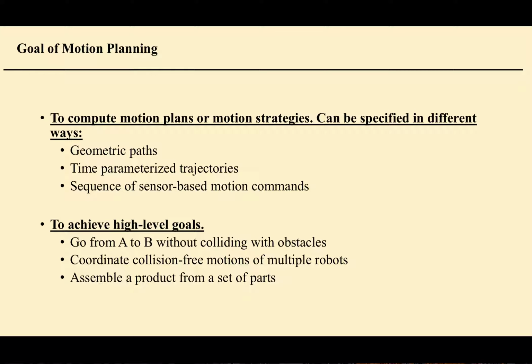It could be done through geometric paths, time-parameterized trajectories, or a sequence of sensor-based motion commands. The goal of motion planning is also to achieve high-level goals, as we're going to see in this presentation, and that would be going from an initial point to a goal point without colliding with obstacles.